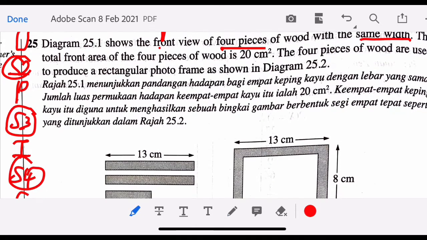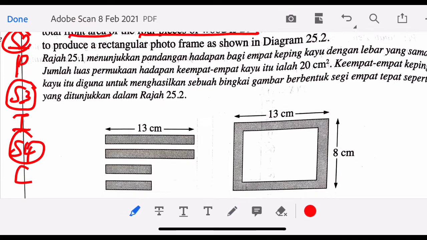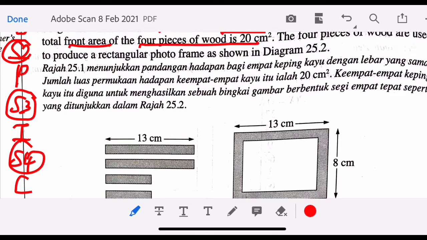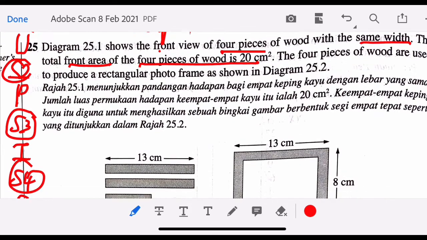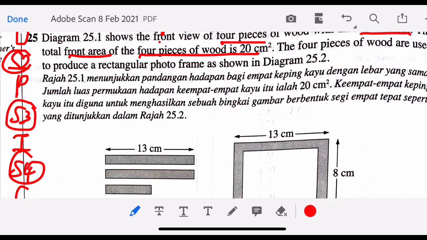The total front area of the 4 pieces of wood is 20 centimeters square. Okay, this is the important keyword.